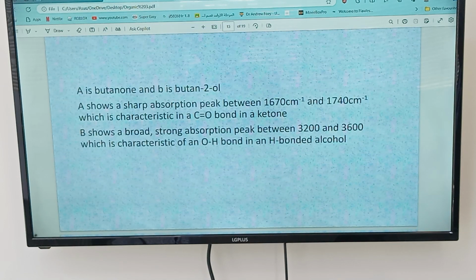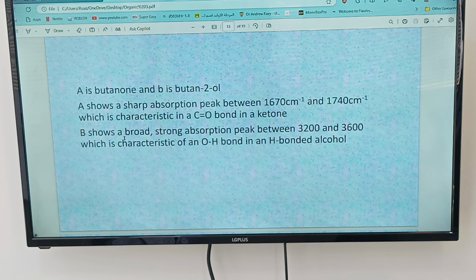A is butanone and B is butanol. A shows sharp absorption peak between 1670 centimeter minus 1 and 1740 centimeters minus 1, which is characteristic of double bonds with the carbon and oxygen in a ketone.